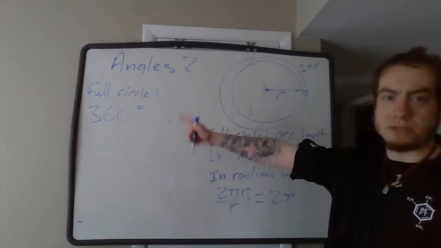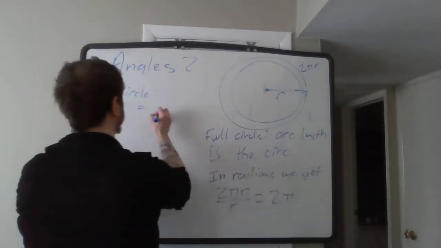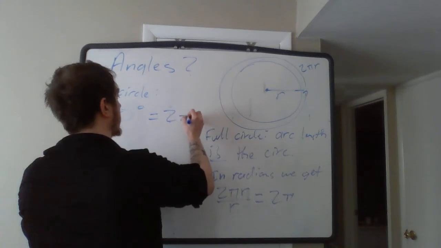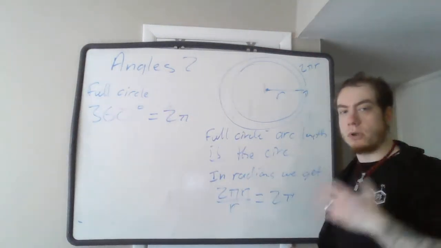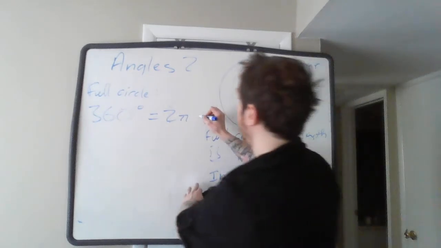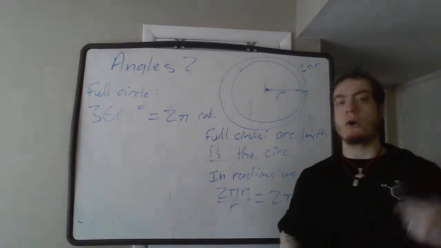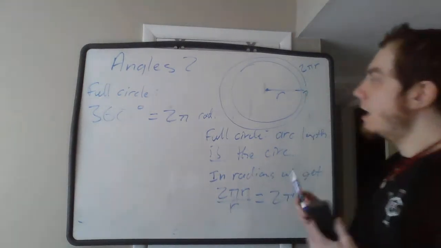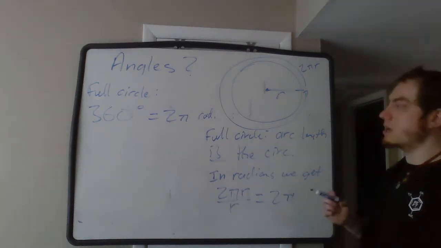So a full circle is 360 degrees on the one hand, but on the other hand, it's 2 pi in radians. So one full circle is 2 pi. I should actually mark down that this is in radians, which we often abbreviate as RAD. So one circle is 2 pi radians. It's also 360 degrees.